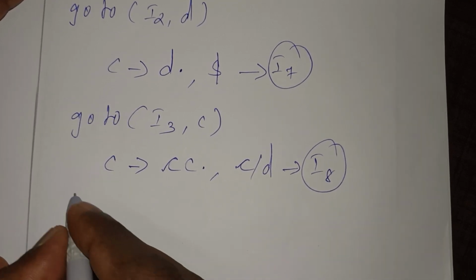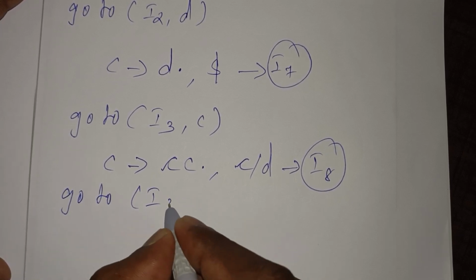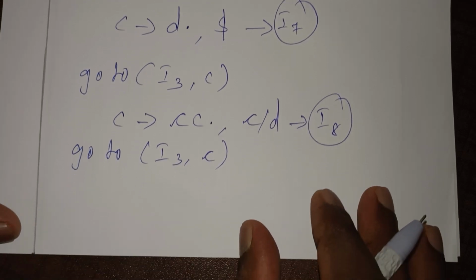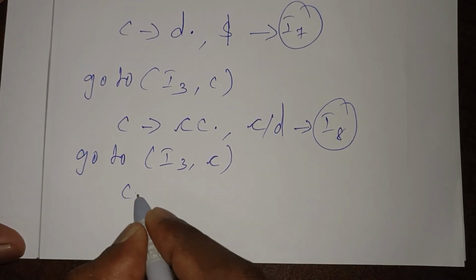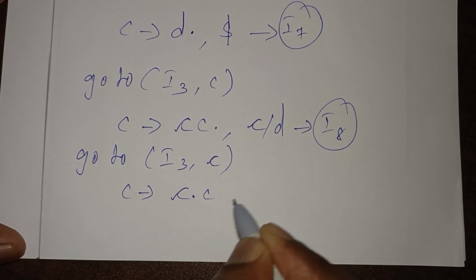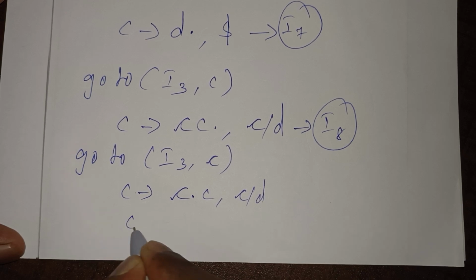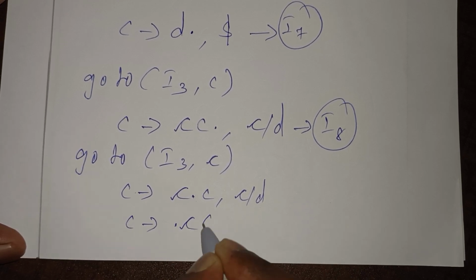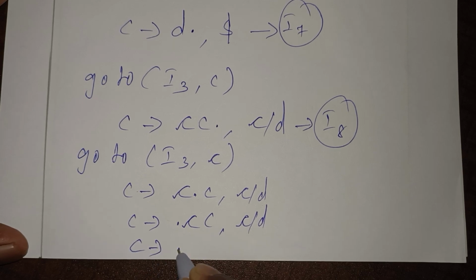Right, in a similar way, Goto(I3, c). If you do Goto(I3, c), we are going to get the same values which are already there: C tends to c C, rule number 2. So apply the same rule number 2 here, expanding C: c slash d, and C tends to dot, comma, c slash d.